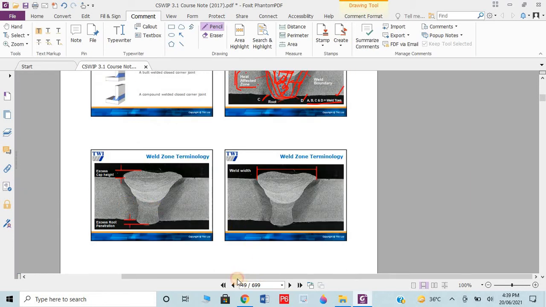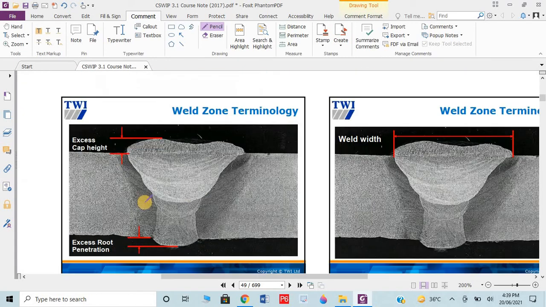Now you can see here, as per our design, until here, this is the actual plate, until here we need the welding, but during welding some excessive area also got welded, so it's called excessive weld height or excessive weld metal, which is more than the actual height.